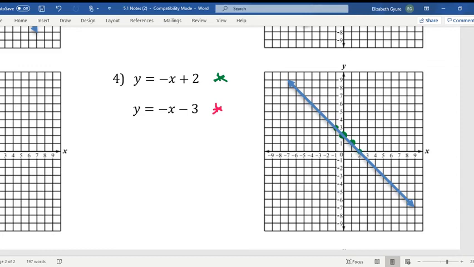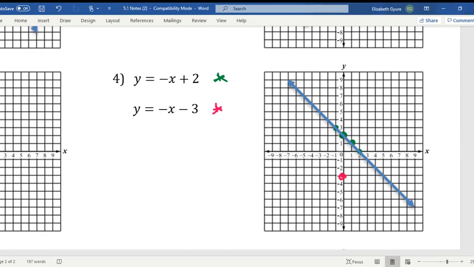Dallas, what would our y-intercept be? You're not sure? Okay, so we have y equals -x minus 3. Which of these numbers do you think would be the y-intercept? -1 or -3? -3, yeah. Does that kind of make sense, Dallas? So it's that number on the back. So we're gonna put a dot at -3.